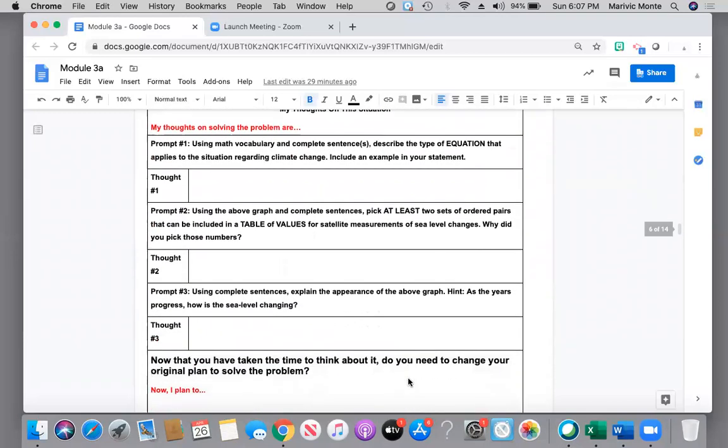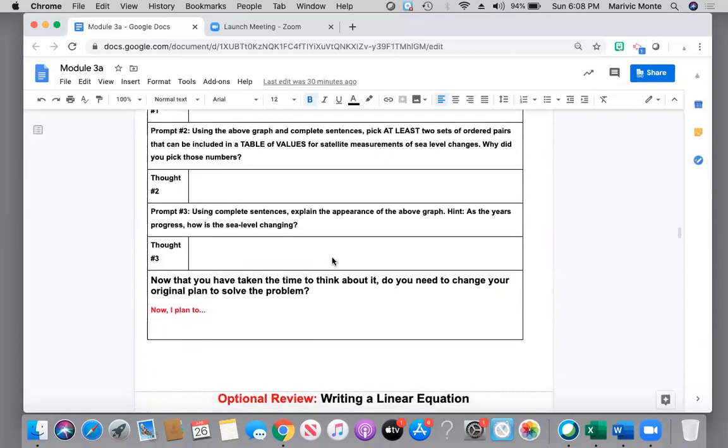So that is just an example, and you can pick any other points that you will see as applicable to this question. And then you move on to justifying why you picked those numbers.